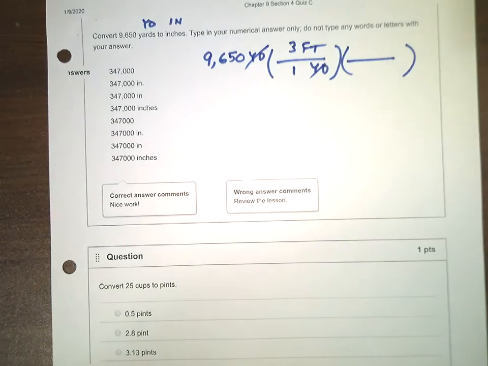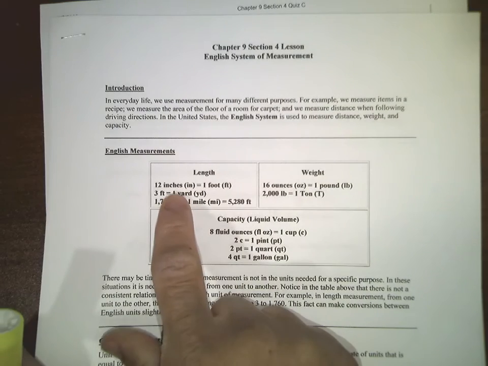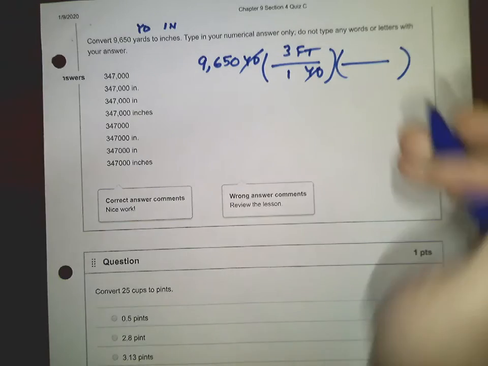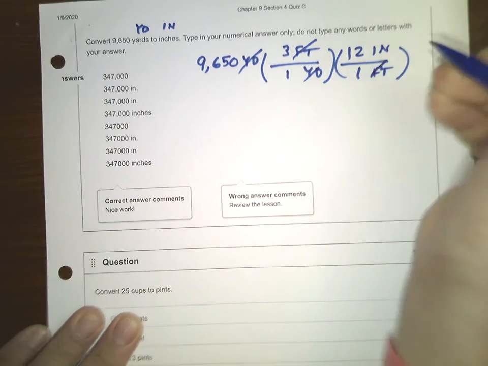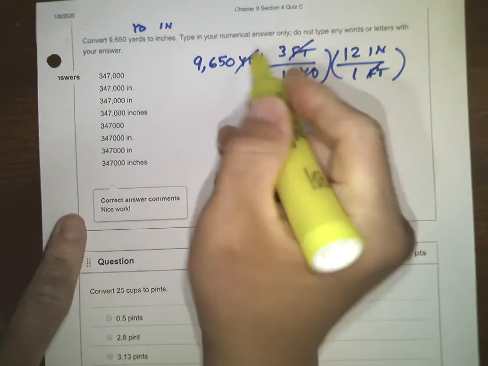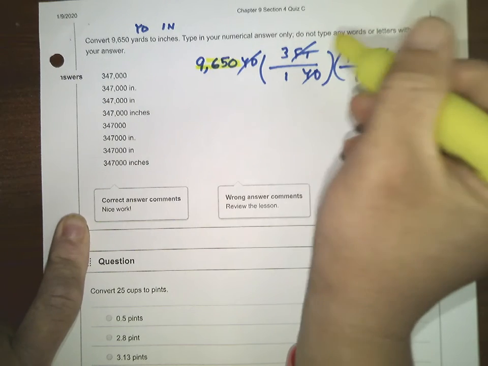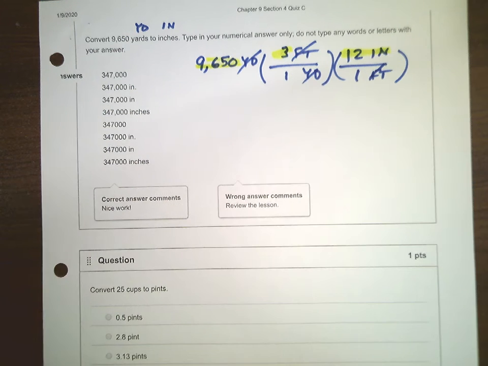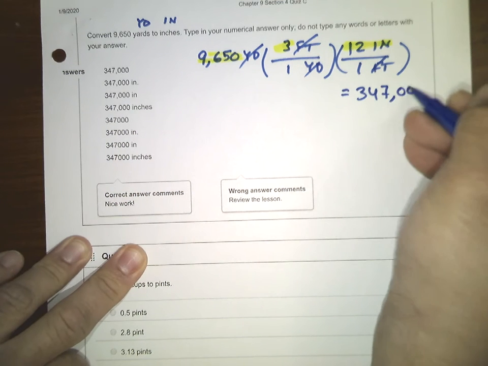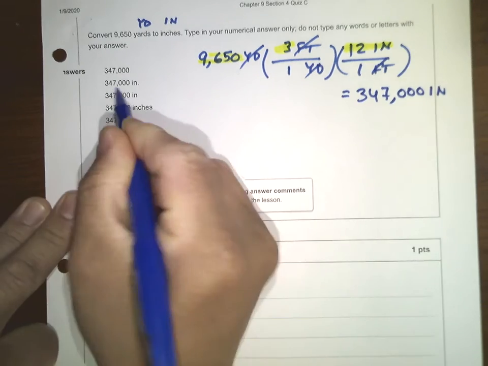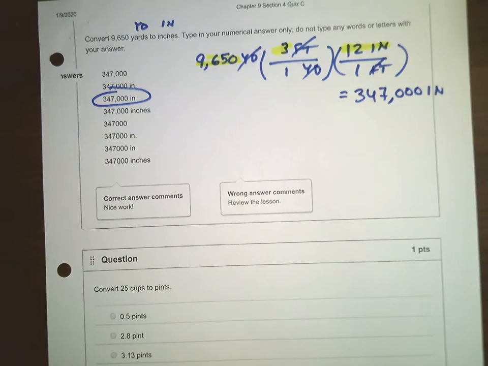And then I see that there are 12 inches in 1 foot, so 12 inches, 1 foot, and the feet divide out. So I'm left with 9,650 times 3 times 12 inches. So there we go. There is our answer. It will be 347,000 inches. There it is right here. What a time to be alive.